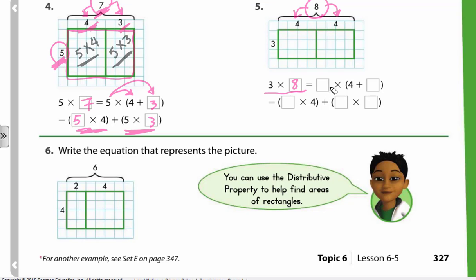This one, this square. Oh, now I see. 3. Yes, we should write here 3. And for the 8, we break it into 4 plus 4. Excellent, thank you.